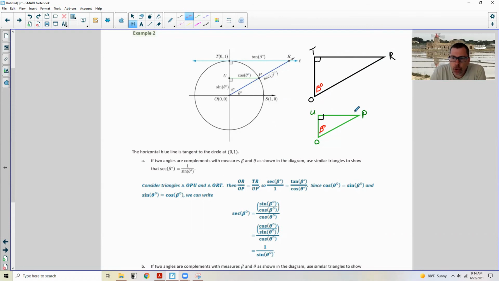So we're going to say OR is to OP as TR is to UP. So big is to little. That's right here. So then OR over OP is secant of beta.